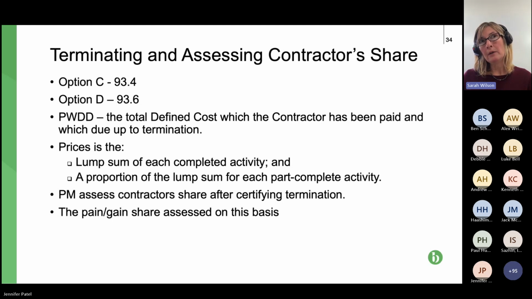So if there is a termination, the pay and gain mechanism still applies. So if we can have the next slide, please.